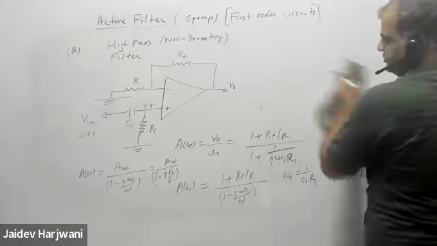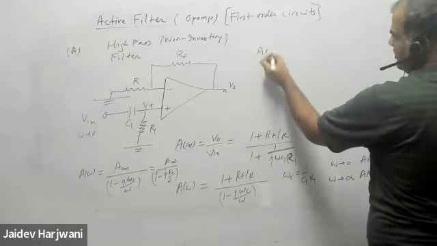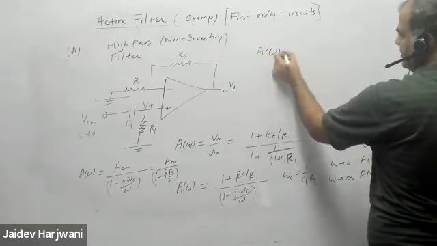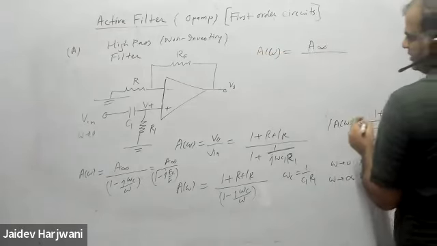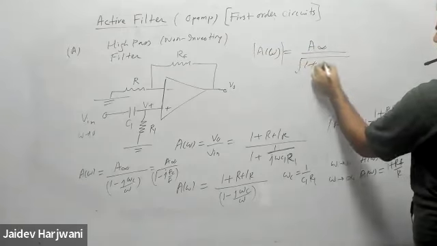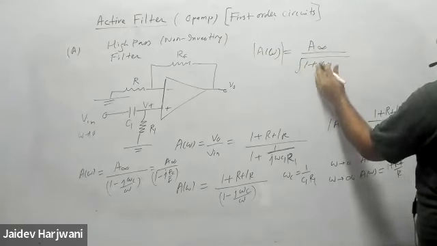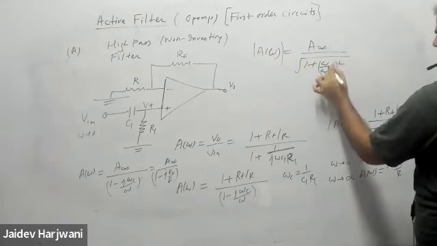And the magnitude also, if you want, is just a way of writing. If you don't want, you should not write. So A infinite times the square root of 1 plus omega C upon omega square.